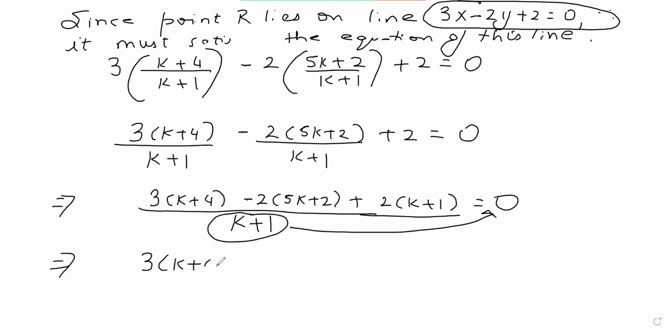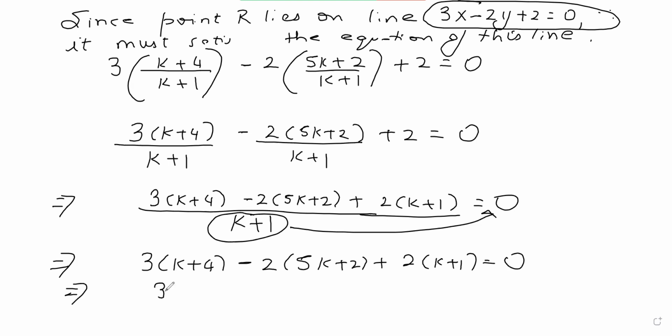So I can open up the brackets: 3k + 12 - 10k - 4 + 2k + 2 = 0.